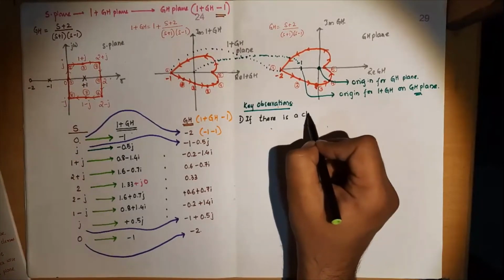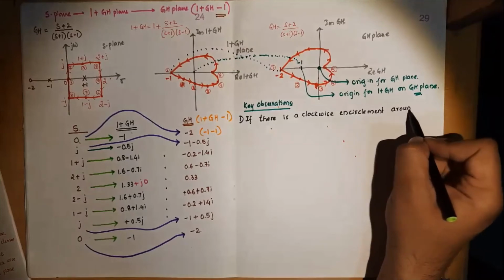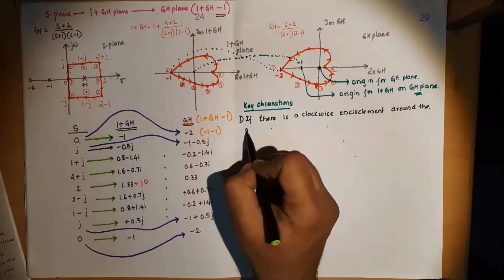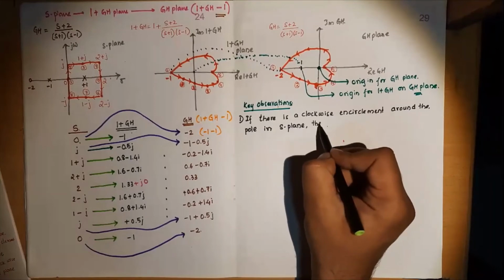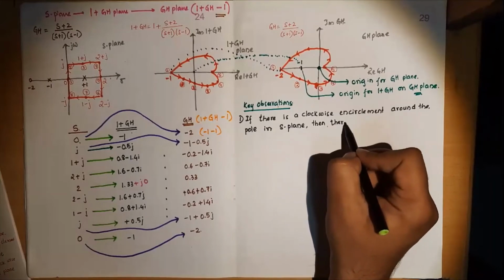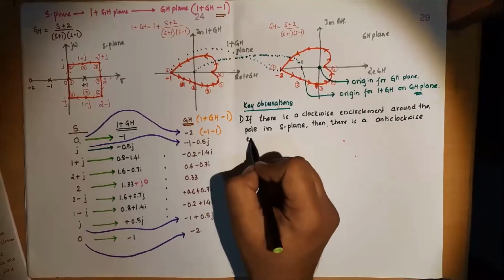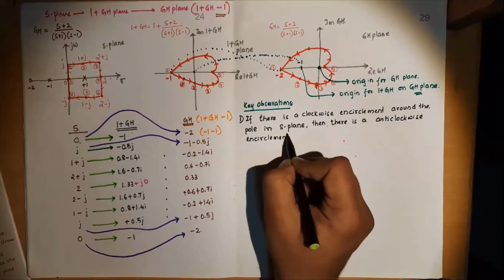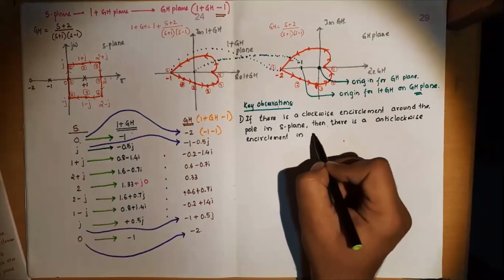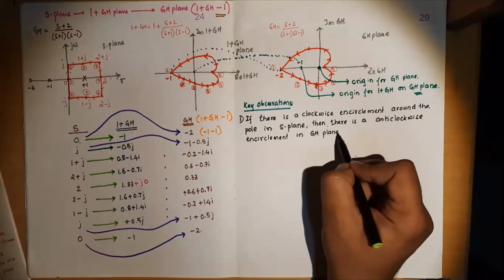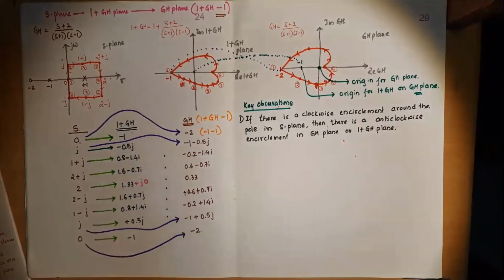If there is a clockwise encirclement around the pole in S plane, then there is an anti-clockwise encirclement in GH plane, or 1 plus GH plane. Fine. So this is the statement I am writing.